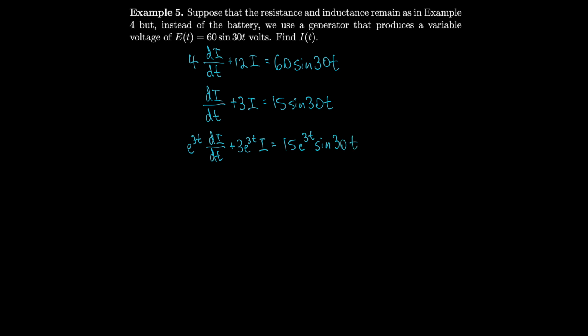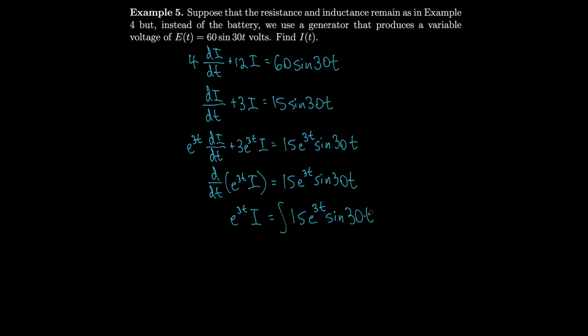So on the left side, it again just becomes the derivative of the product e to the 3t and I. And on the right side, we're going to have to integrate this mess, it looks like. So we integrate both sides, we get e to the 3t times I equals the integral of 15 e to the 3t times sine of 30t.